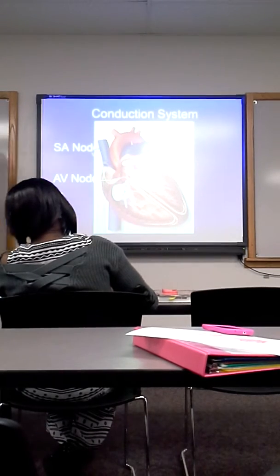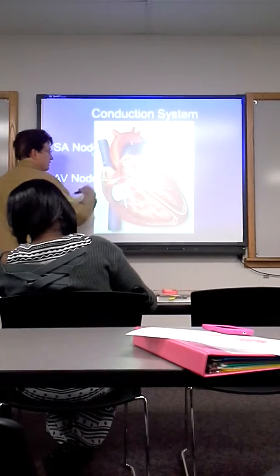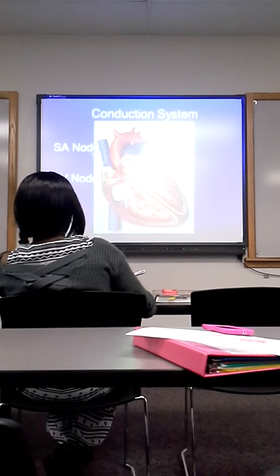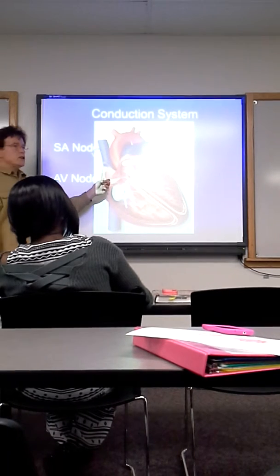But there's only one pathway the action potential can use to get to the ventricles. That pathway is right here in the wall between the two sides of the heart, the septum that separates the two pumps. This is called the AV node.